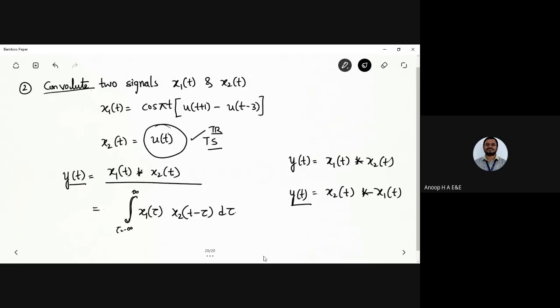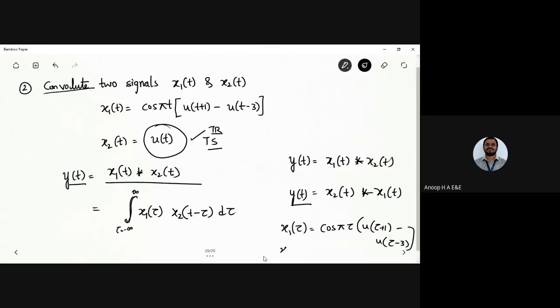So that is the output of the two continuous time signals, that is x1 of t and x2 of t. So now I have x1 of tau. How do I write x1 of tau? So cos of pi tau, that is u of tau plus 1 minus u of tau minus 3.